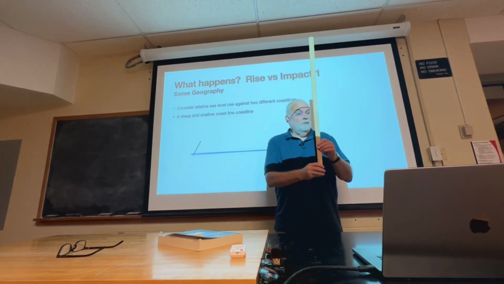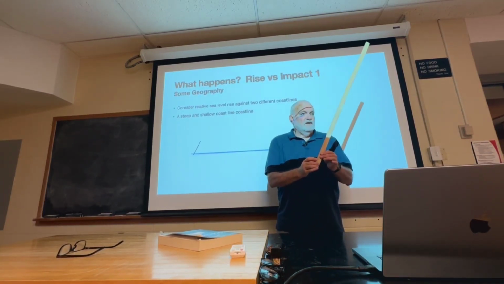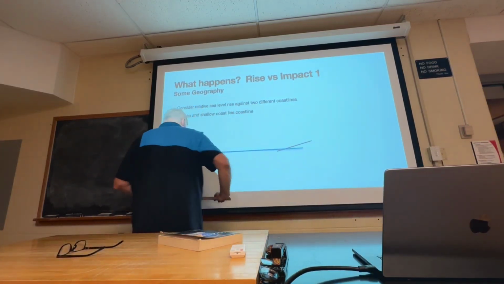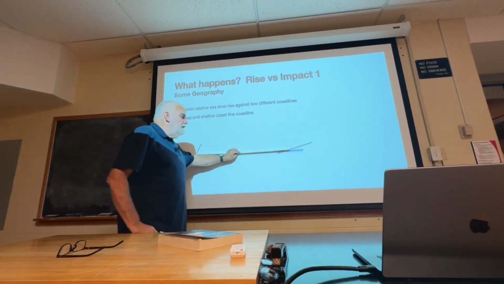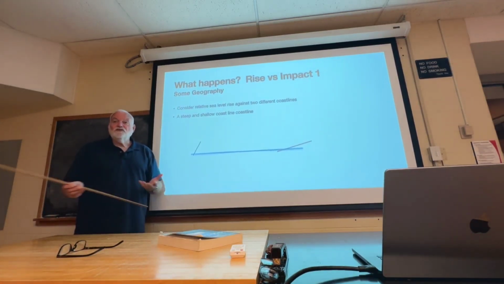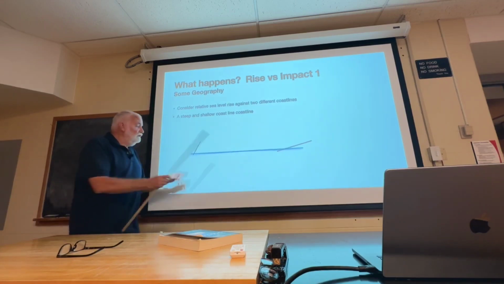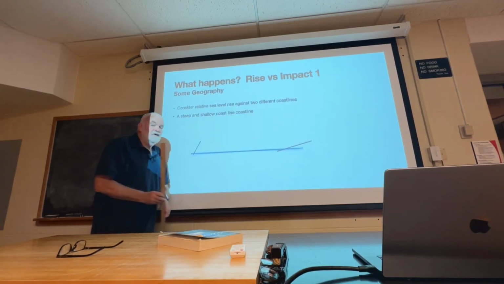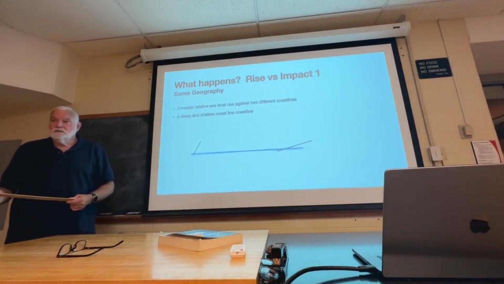And they have different slopes to them. One of them's like that, one of them like that. If I rise that sea level, what's going to happen to these respective 2 different coastlines? I'm going to raise the water against it or lower, it doesn't matter. What's going to happen to them respectively?